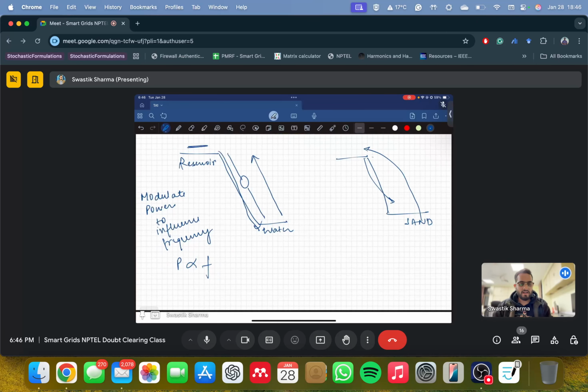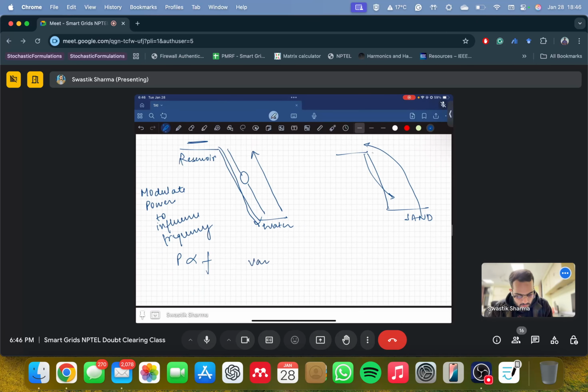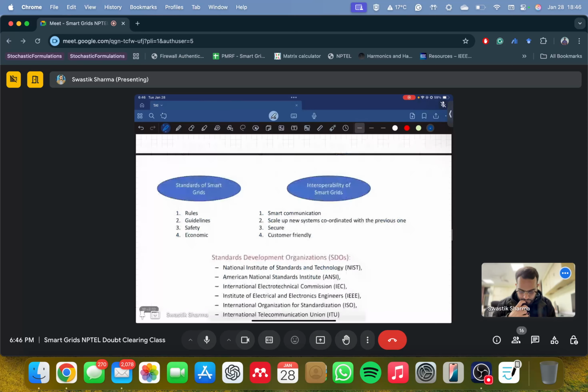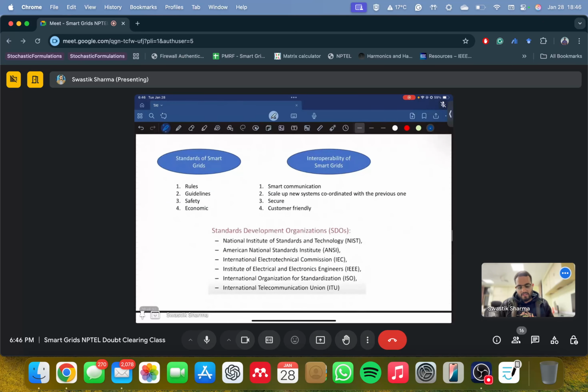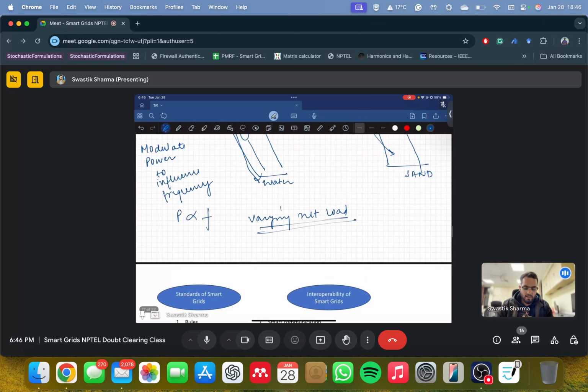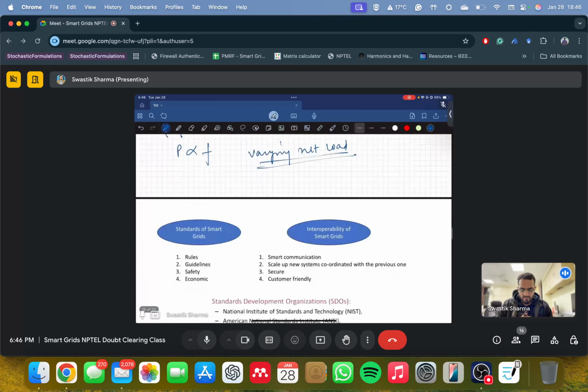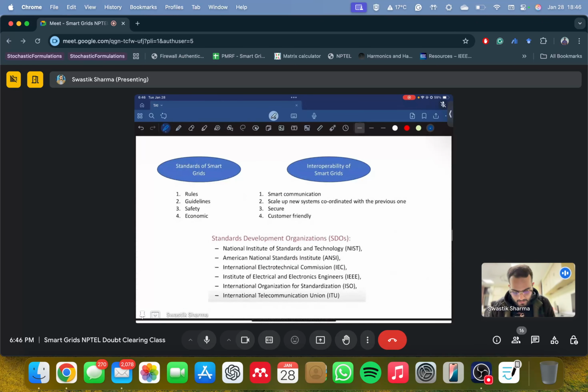And why is this required? It's because of varying net load. Your renewables are causing a lot of variability, right? So these are some grid domains, and I don't know why this slide has repeated, but as I told you, standards of smart grids set rules and guidelines for safety and economic purposes.